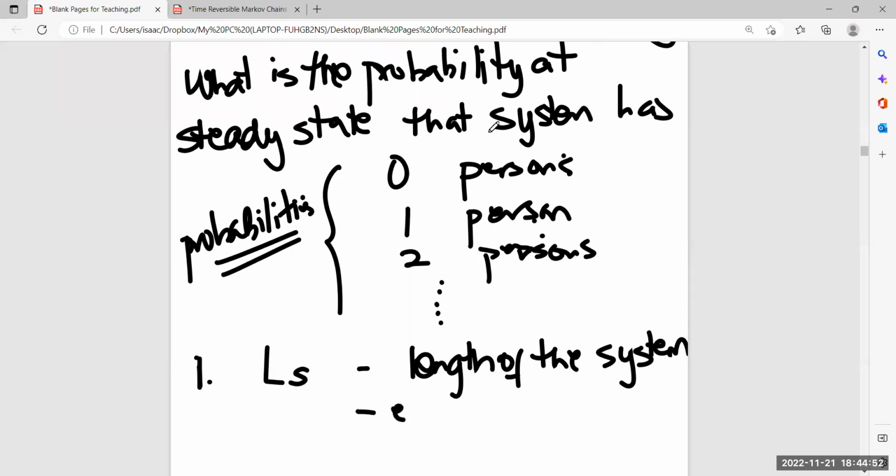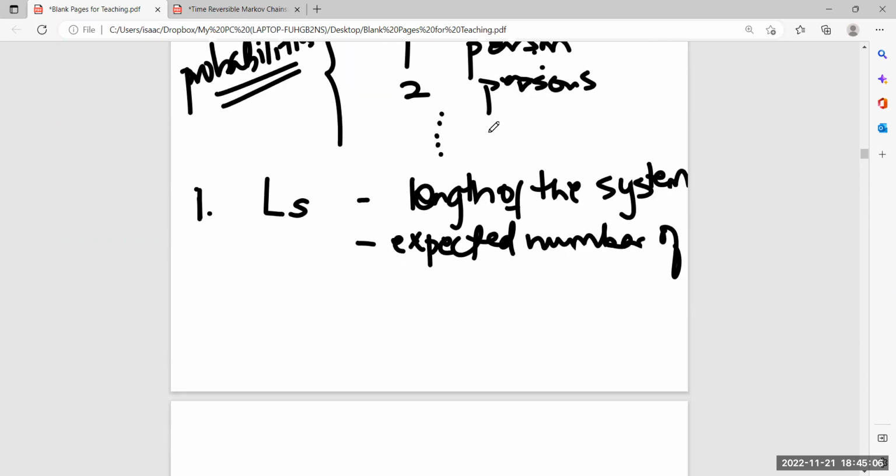When we talk about the length of the system, it is really the expected number of persons in the system.